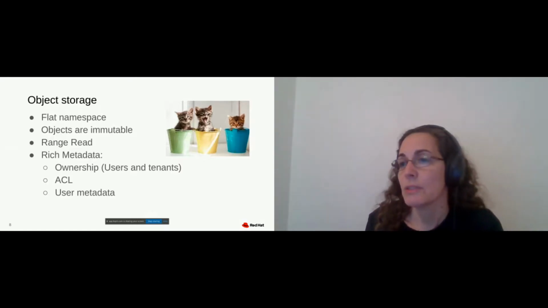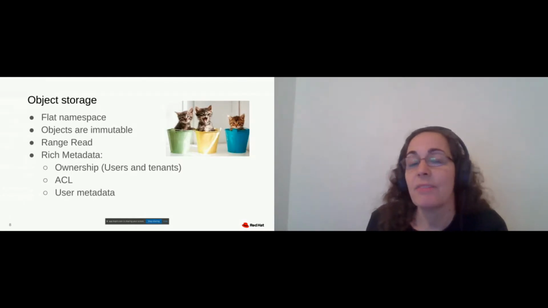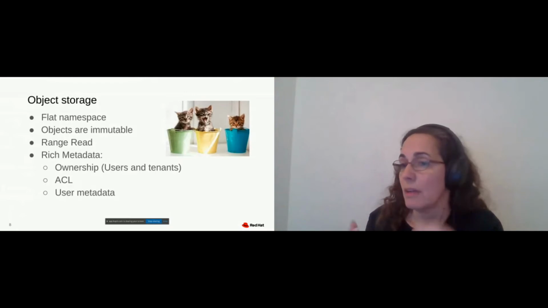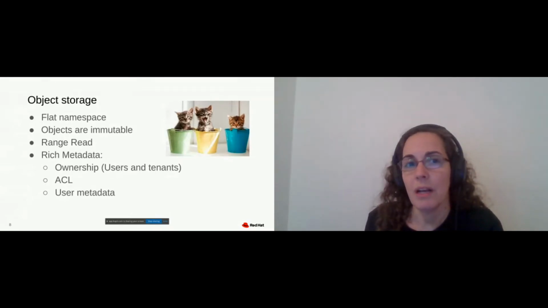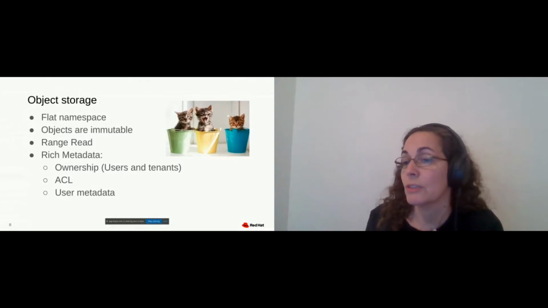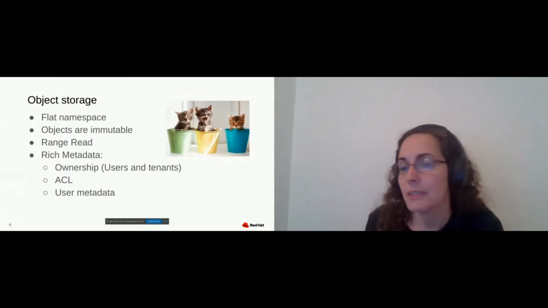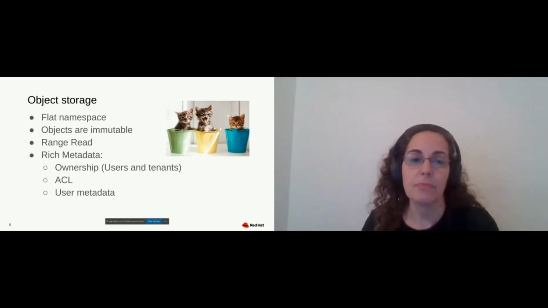And because it's much easier to manage the storage with object storage, we can add very rich metadata to the object and better access control, but also user metadata. So I, as a user of object storage, can store my metadata on the object, and it can help us with analytics, with search of objects, and so on.